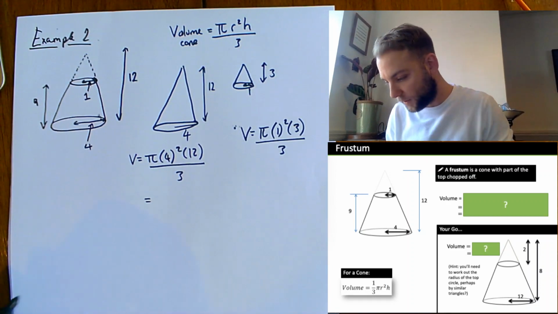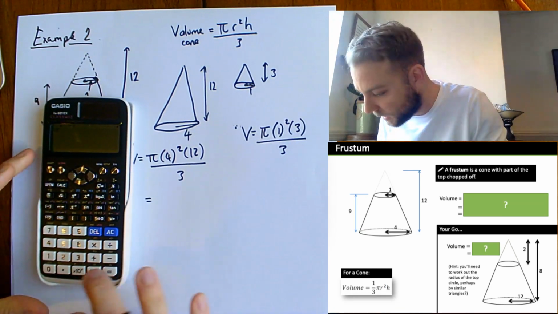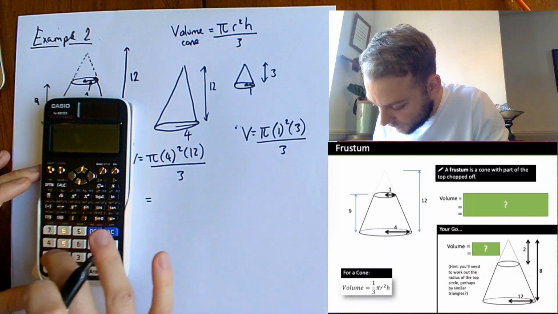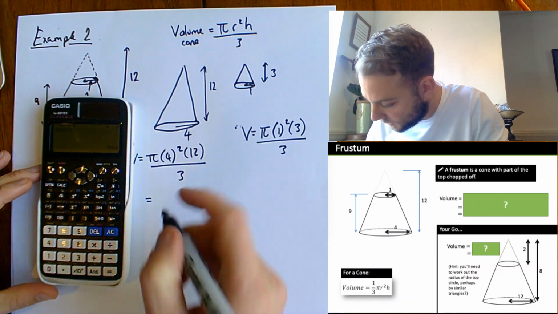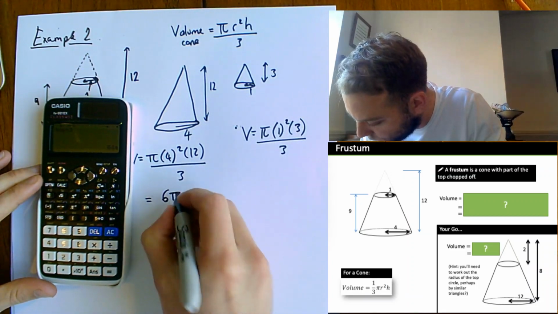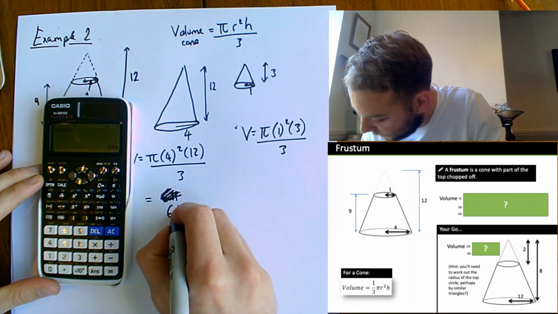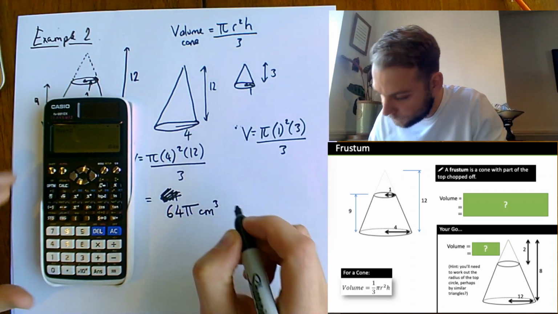So we can put these both in a calculator. You could work these out without a calculator. I'm going to use a calculator. Shift pi times by 4 squared times by 12 divided by 3 is equal to 64 pi centimeters cubed.